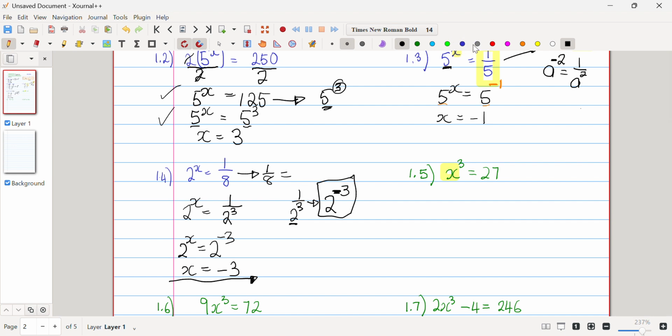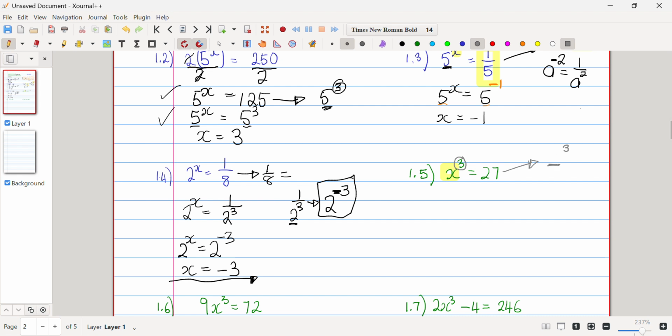Okay, let's go ahead and do 1.5. In this case, guys, again, I'm following the same steps, but this time, after step 1 is done, I'm going to show you what changes. So my x part is alone already, and now because I know my exponents, this side, this number over here, I ask myself, not how can this be written with the same base, but how can 27 be written with the same exponent?